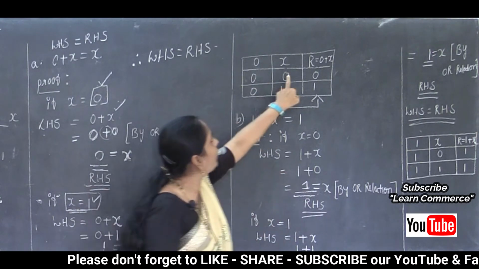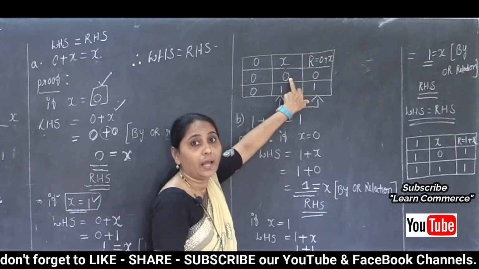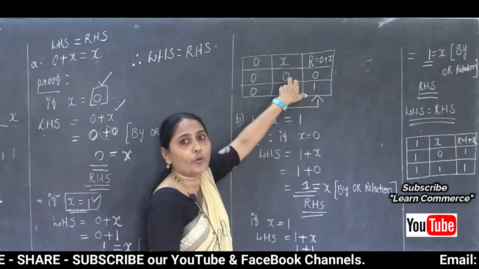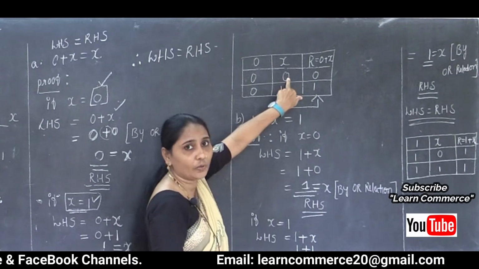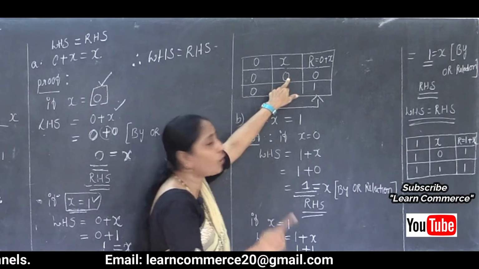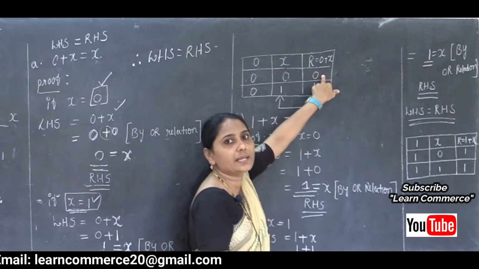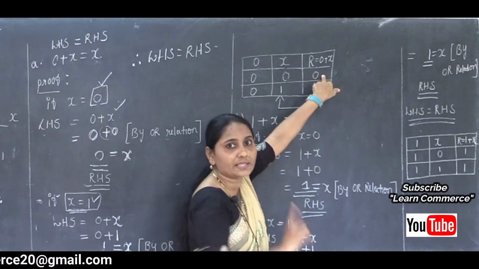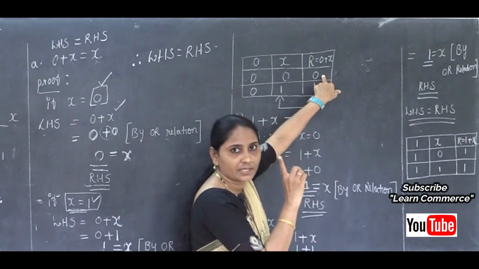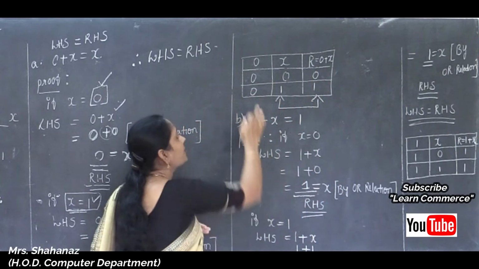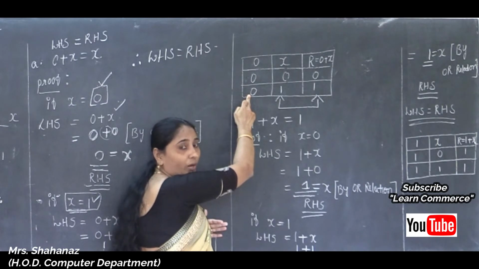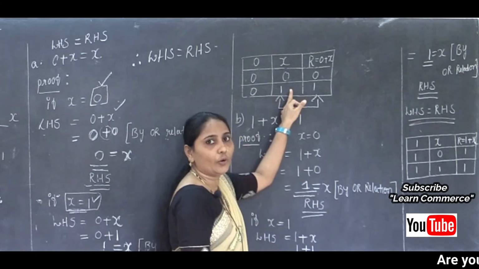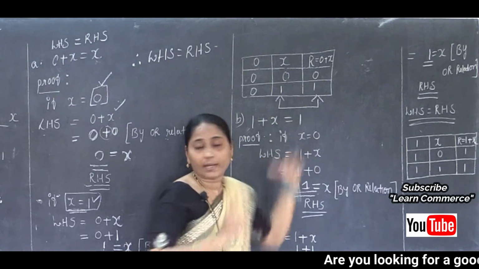So I use the same value in the truth table, and when we add these two values, 0 plus 0, what's the result? The result is 0 only. Next, the x value is going to change to 1, correct? No, why?